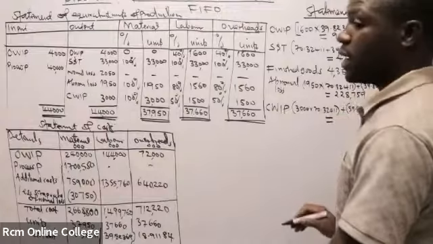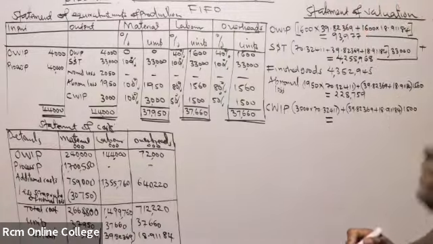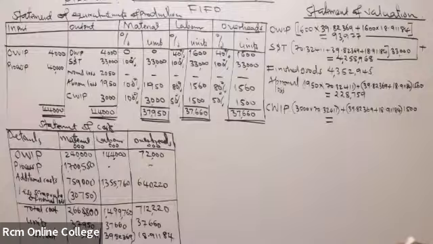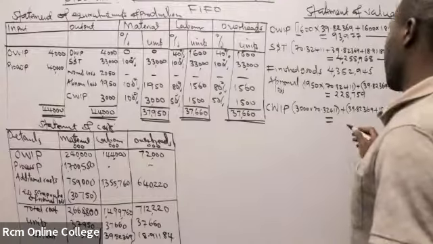What is the value of closing work in progress? $299,076.